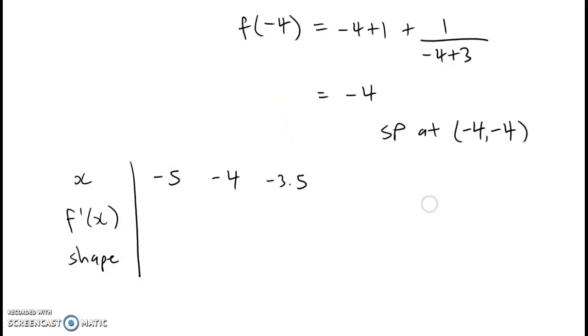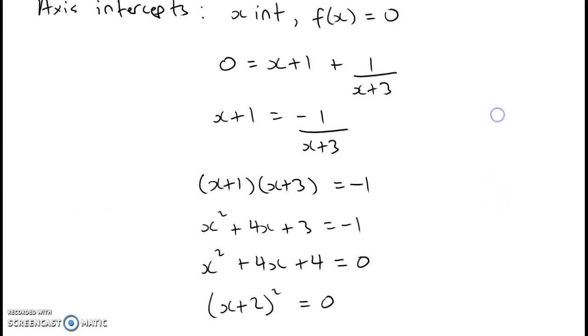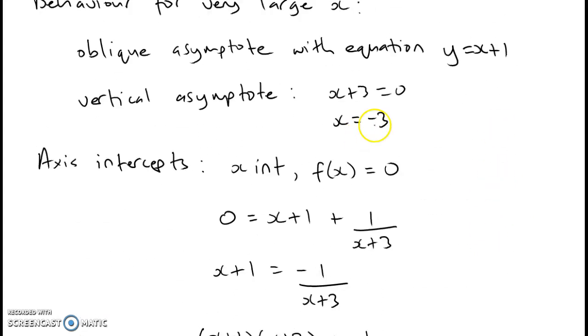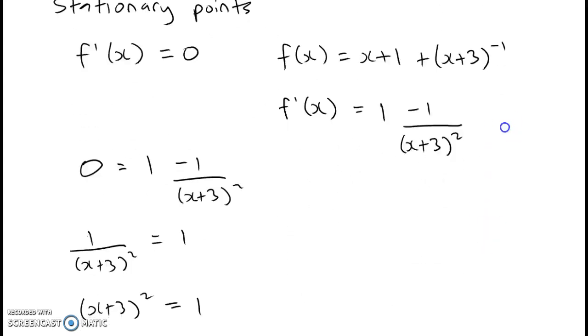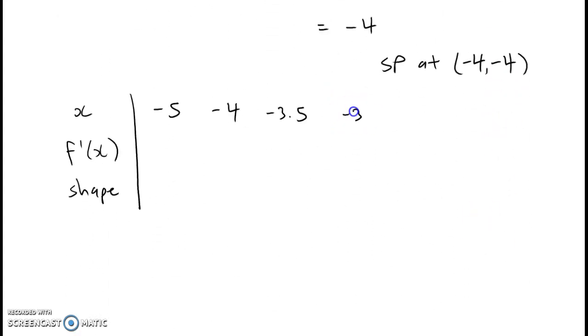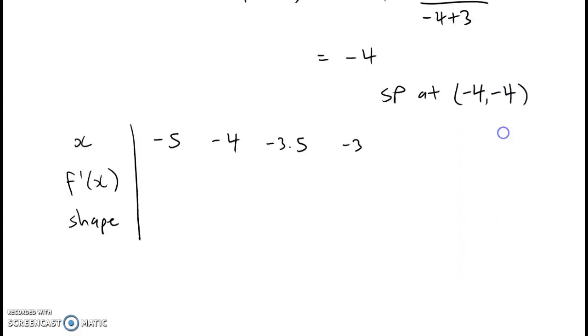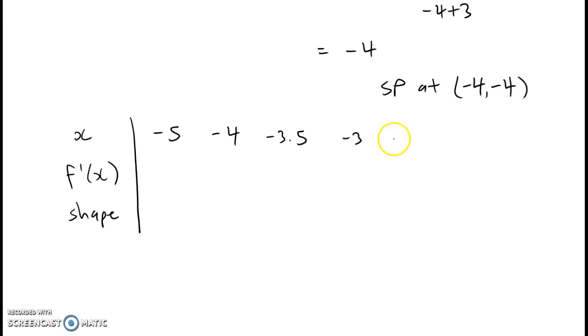I'm also going to put in the point where we had our asymptote. So we had our asymptote at x equals minus 3, so let's put in minus 3. And then our other stationary point was at minus 2. So let's have minus 2.5, so a point smaller than that, and then minus 2, and then a point bigger, 0.